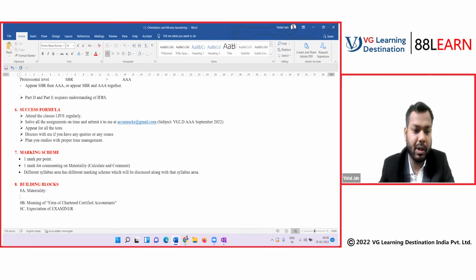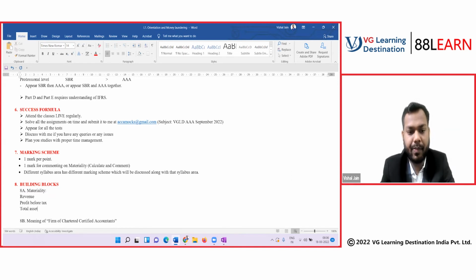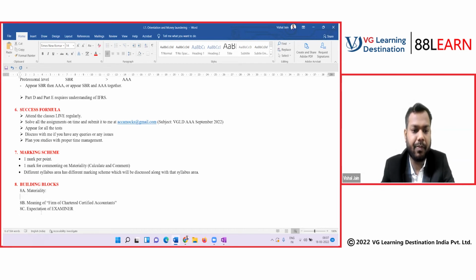Materiality. There are 3 benchmarks for materiality. One is revenue, one is profit before tax, and another is total assets. Now, I'll draw this, insert a table.